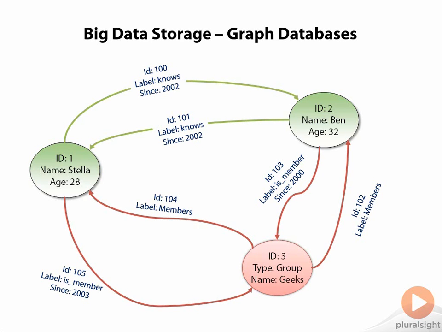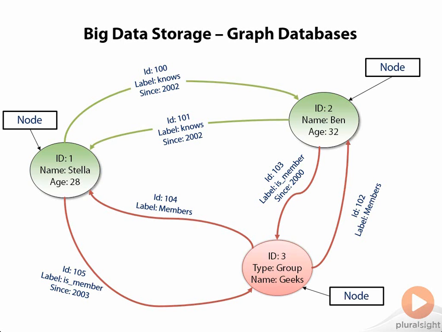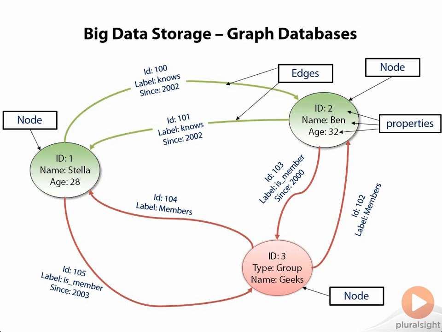In this example, Ben, Stella, and Geeks are all nodes. The relationships they have that connect them are edges. And the properties are what make up the attributes of the node itself. Popular vendors in this space include Neo4j, Infogrid, and GraphBase.